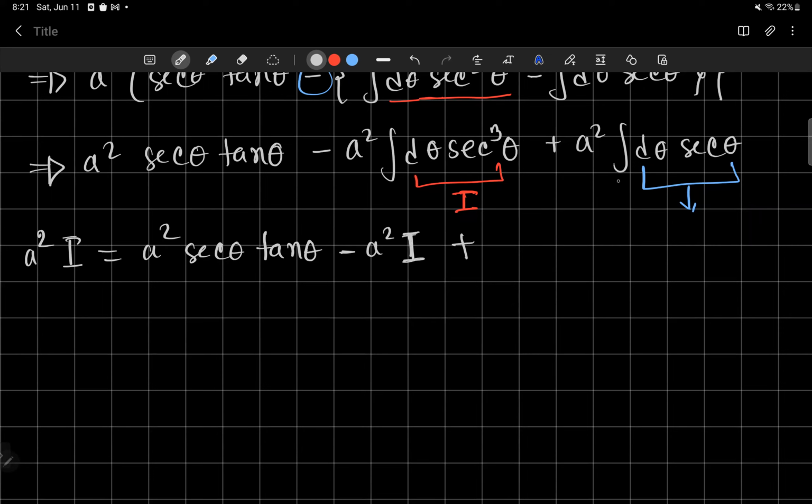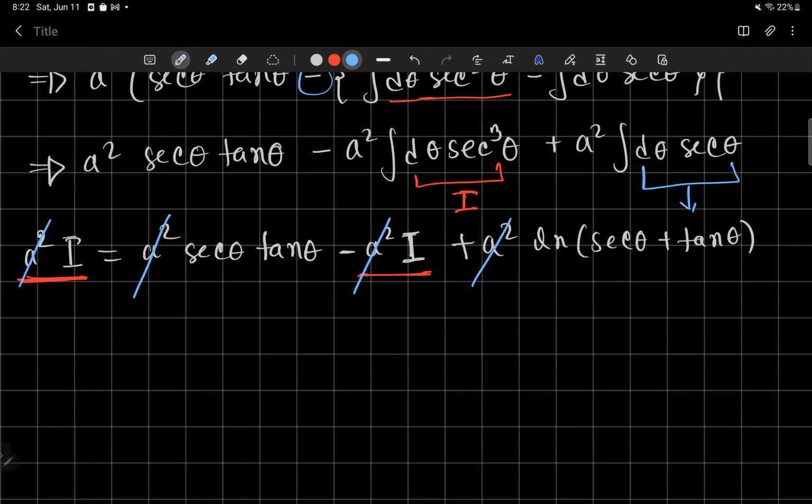And finally we write this a square. This integration was ln of sec theta plus tan theta, right? Now as you can see, this is one quantity and this is the same quantity, and it has a minus sign on the right hand side, so you can take this quantity to the left hand side. Also you notice that these factors get cancelled out from both sides, assuming a is not 0.